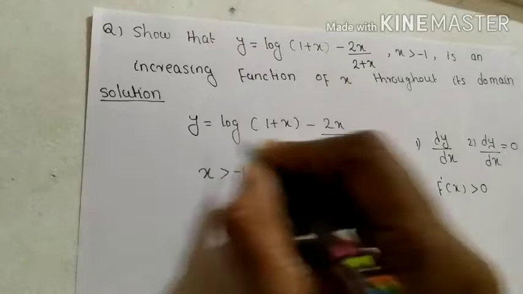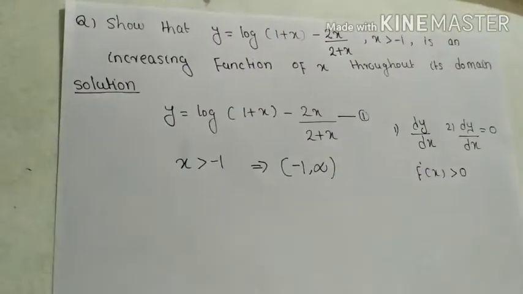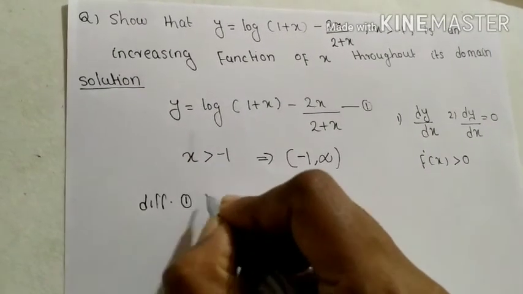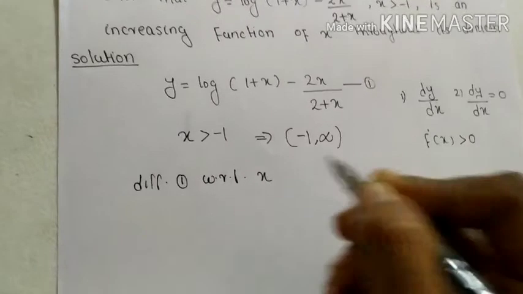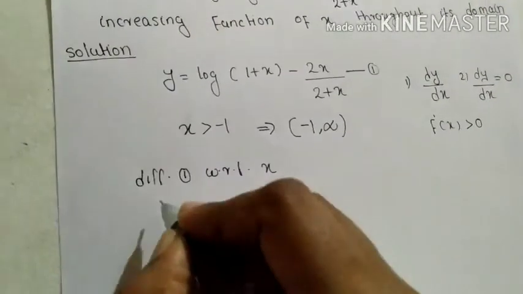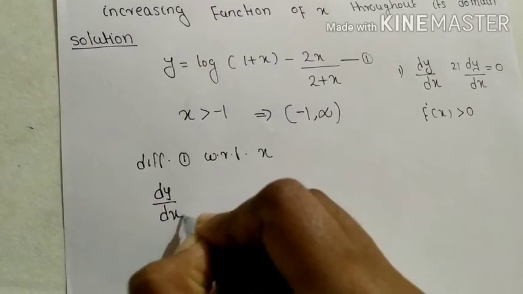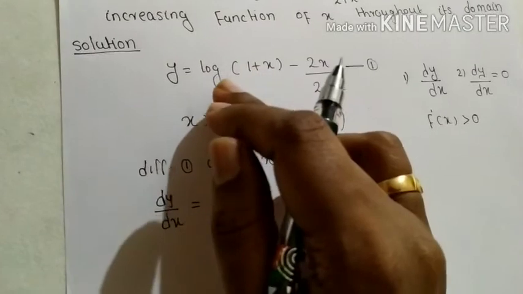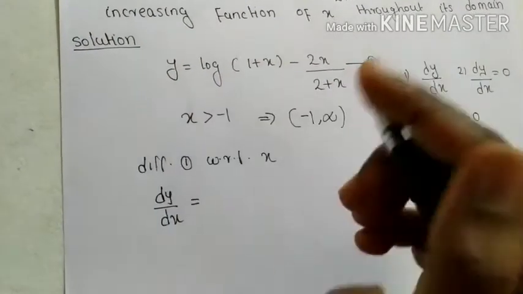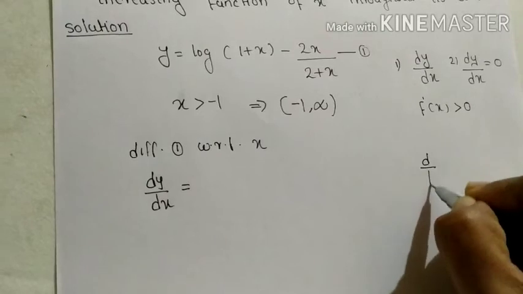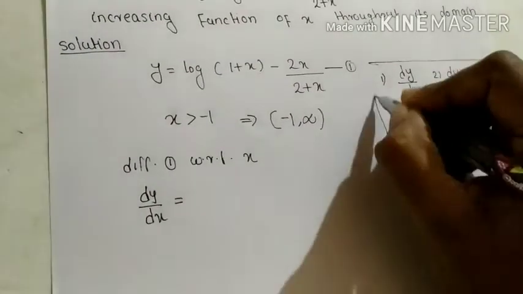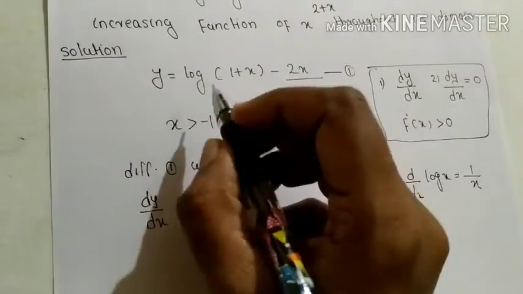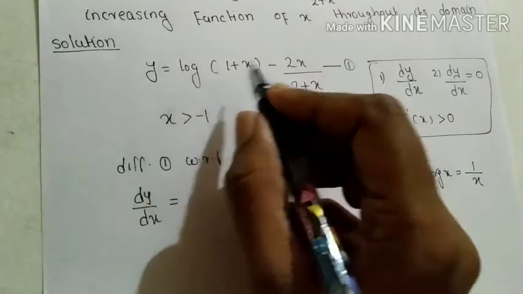Here, first of all, let us name it as equation number 1. First differentiate equation number 1 with respect to x on both sides. On LHS, we get dy by dx, derivative of y, equal to derivative of log 1 plus x. We know that the standard derivative of log x is 1 by x, but here we need to find the derivative of log 1 plus x.